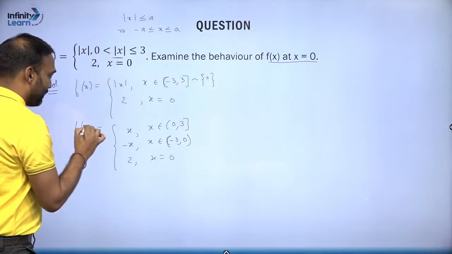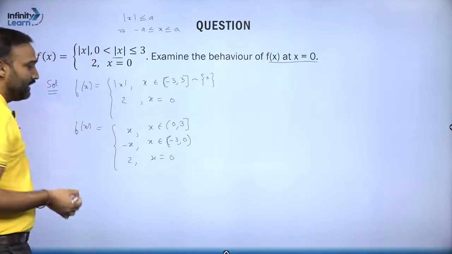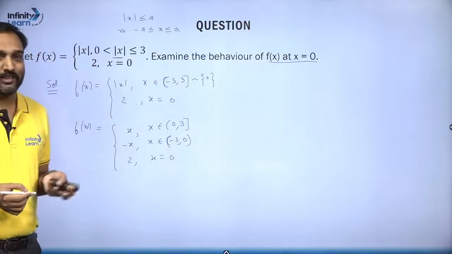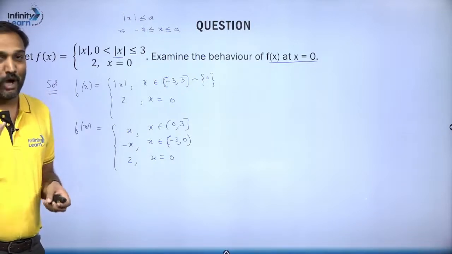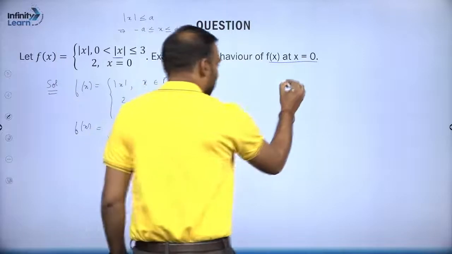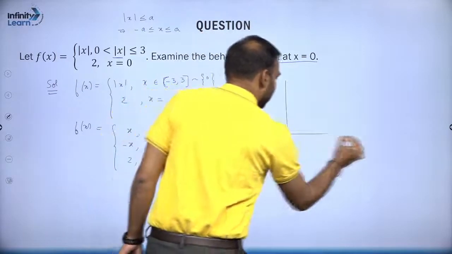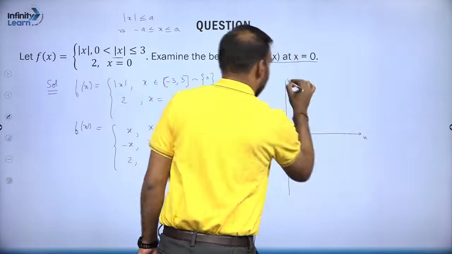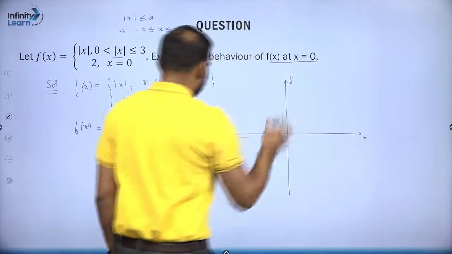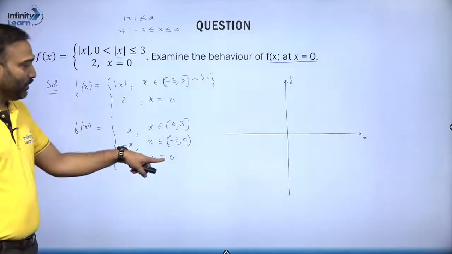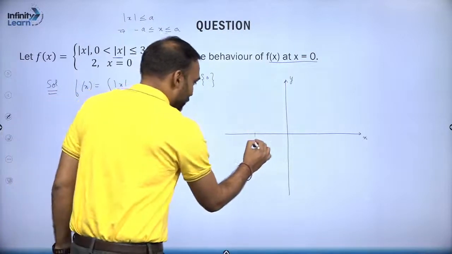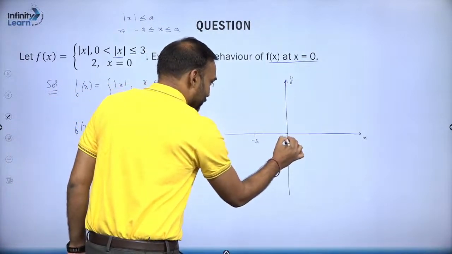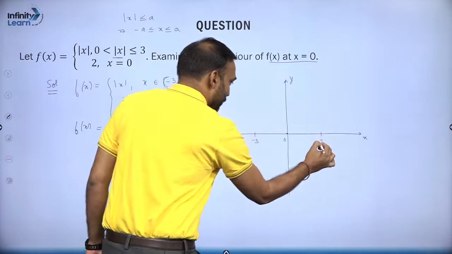Now, I have a simpler version of the function f(x). Let us sketch this particular graph to understand whether we have a local maxima or local minima over here. So, I draw the coordinate axis, this is x and this is y. My domain is only from minus 3 to 3. So, let me plot minus 3 over here, 0 is over here and 3 over here.